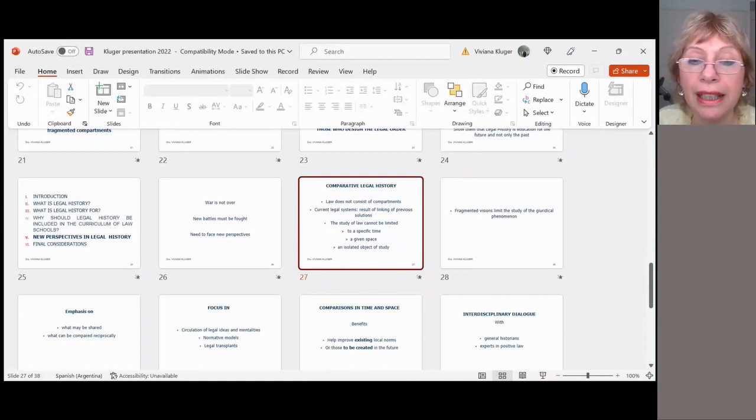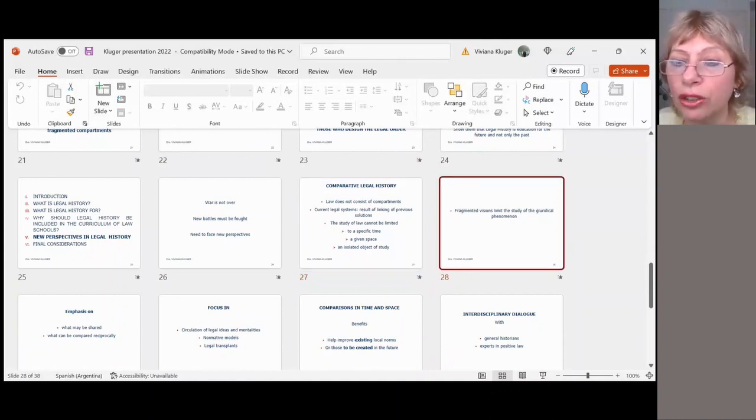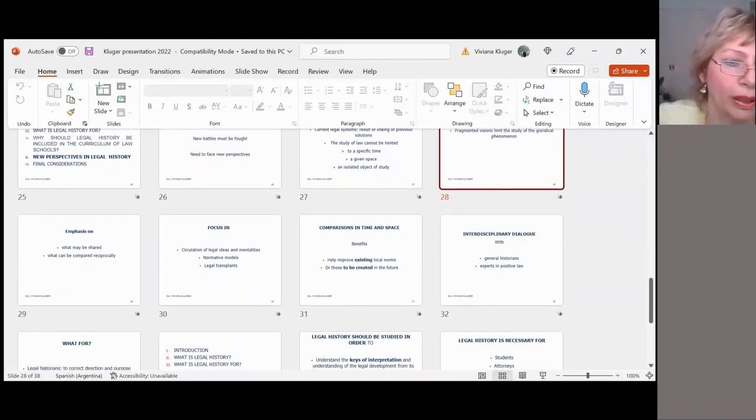The current legal systems are the result of linking of previous solutions. The study of law cannot be limited to a specific time, to a given space, an isolated object of study, because fragmented visions limit the study of the juridical phenomenon.